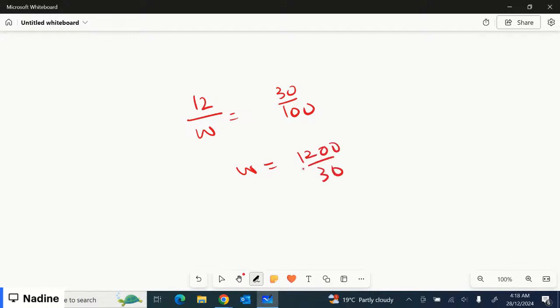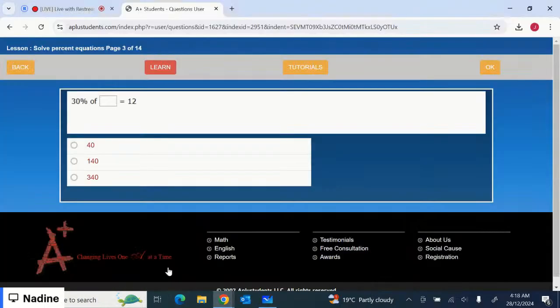So the correct option is 40. 12 is 30% of 40.